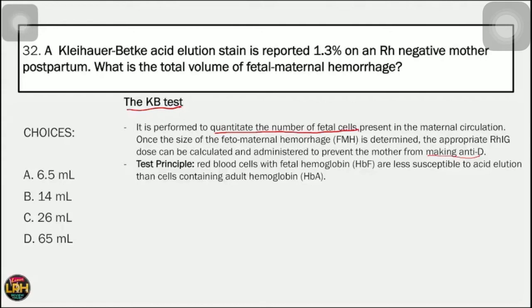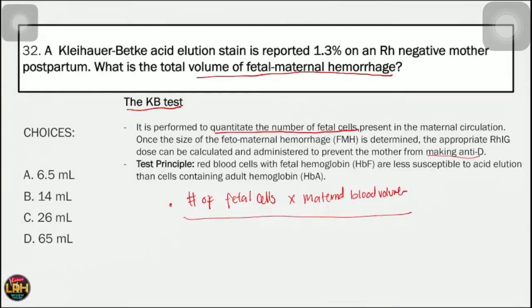So, to compute the amount or volume of fetal maternal hemorrhage, we can use this formula: number of fetal cells multiplied by the maternal blood volume, divided by the number of maternal cells.